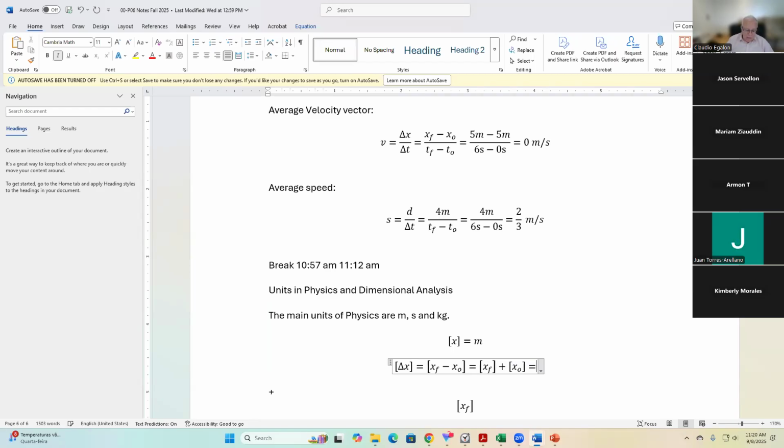The unit of xf is the meter, and the unit of x naught is the meter too, but you cannot sum that and put 2m. There is no such thing as two meters as being the unit. You always display that as m, as the unit alone.